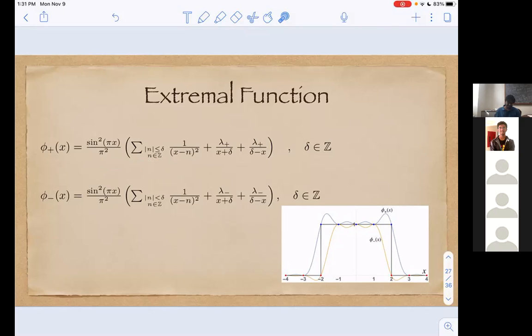In the same way, you can write down a phi minus, which at the integer points inside is 1, and outside the interval, including the edge, is 0. And you can see there are two free parameters, lambda plus and lambda minus. You have to tune these parameters in a way so that phi plus is above the indicator function and phi minus is below the indicator function.